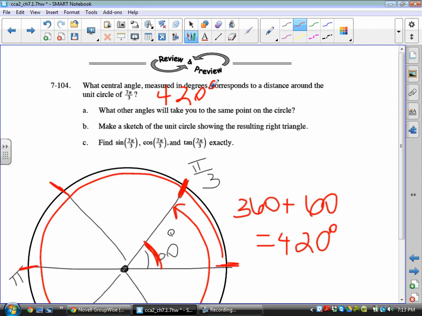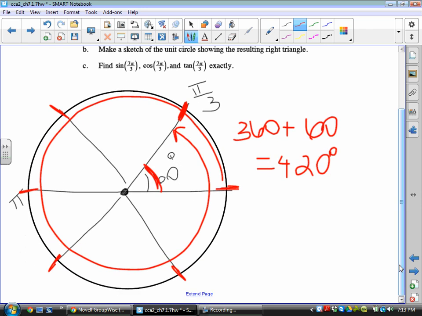What other angles will take you to the same point on the circle? Well, we want the same exact place, so it depends on the number of cycles we go. In one cycle around, 60 degrees would be a good one, and 420 is there.